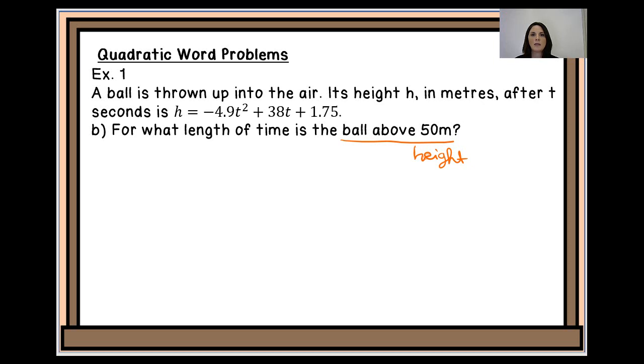So I'm going to replace my h with 50 and then solve. So 50 is equal to negative 4.9t squared plus 38t plus 1.75. So I'm going to next subtract 50 from both sides.